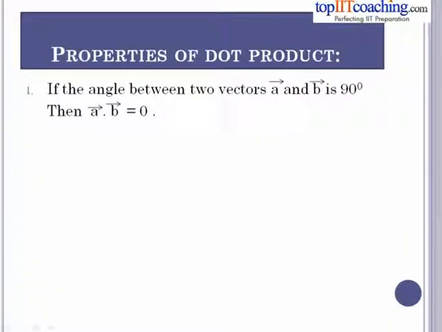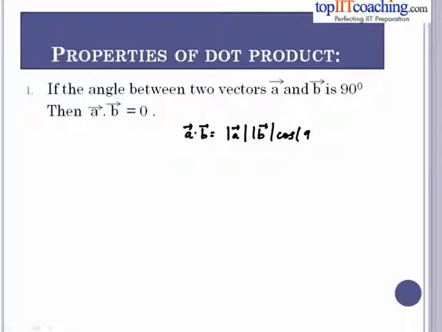Now let's try to understand some of the properties of dot product. The first is, if the angle between two vectors A and B is 90 degrees, then A dot B is equal to 0. Why? We have just seen that A dot B is equal to magnitude of vector A into magnitude of vector B into cos of theta.